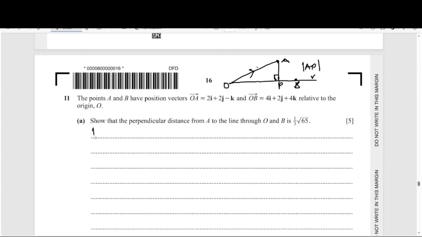So let me write that here. Let P be the foot of the perpendicular from A to the line through O and B, right?